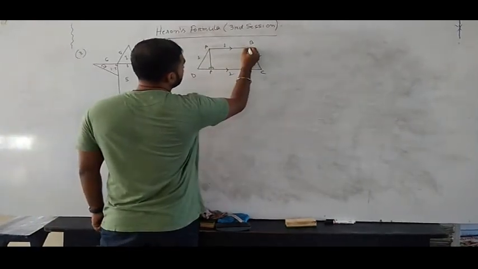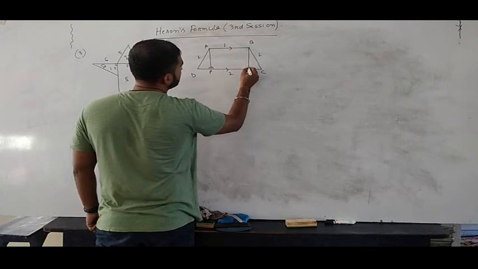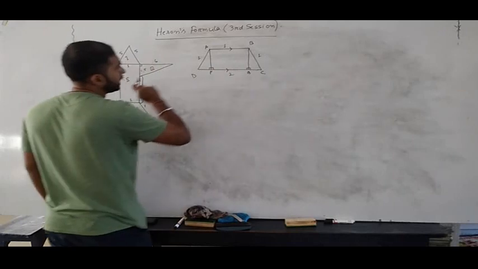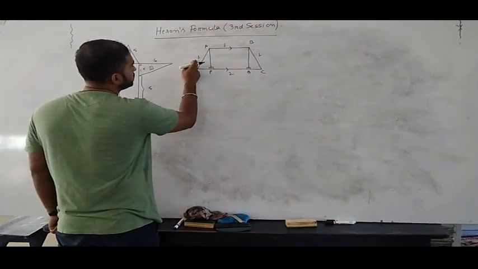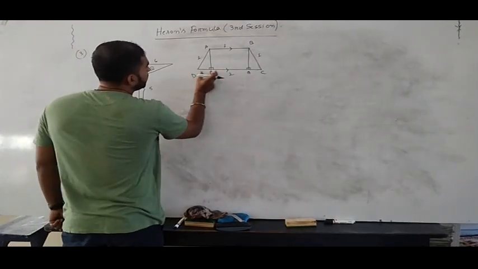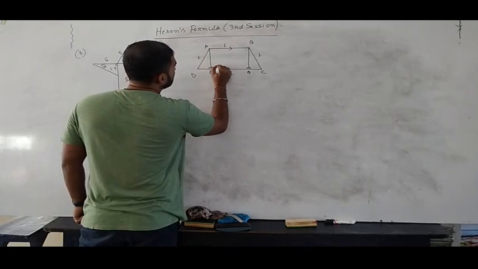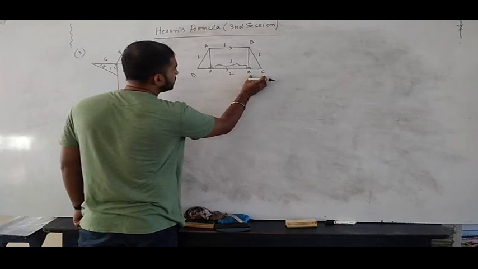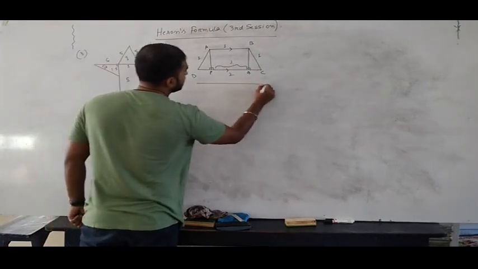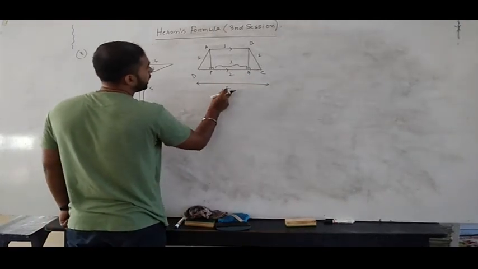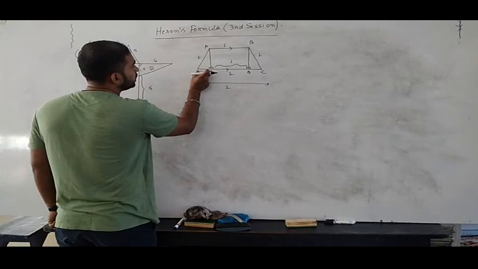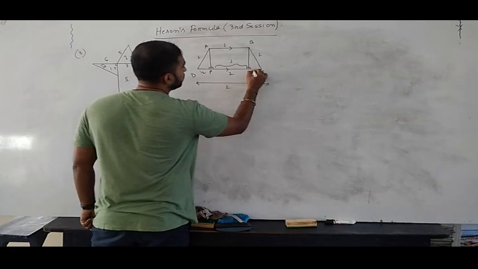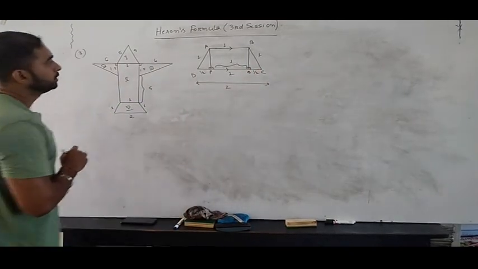On this side also we can draw another height, so this one Q. Now as it is an isosceles trapezium, this one 1, this one 1, this one 1, this also 1, and these two parts DP and CQ both will be equal. The total is 2 and this middle is 1, so this will be 1 divided by 2, this will be 1 divided by 2. Both are equal in measurement.